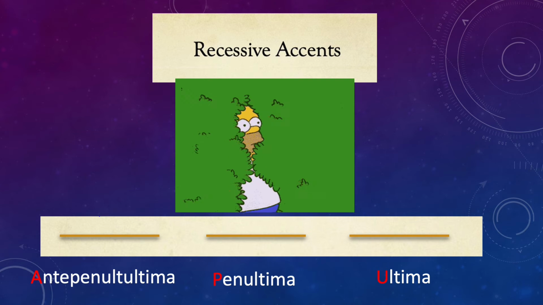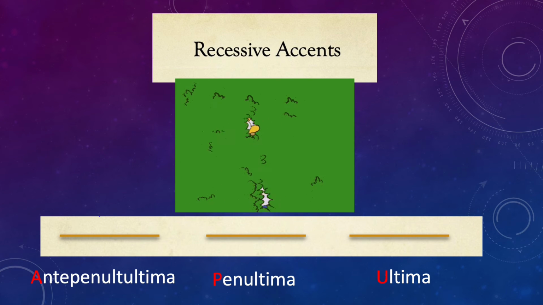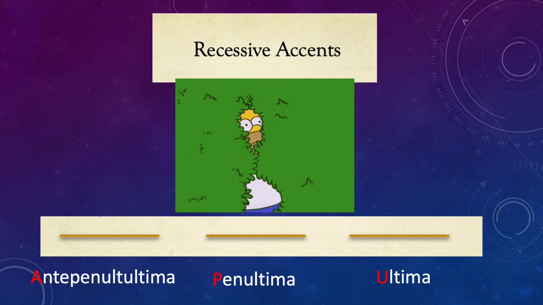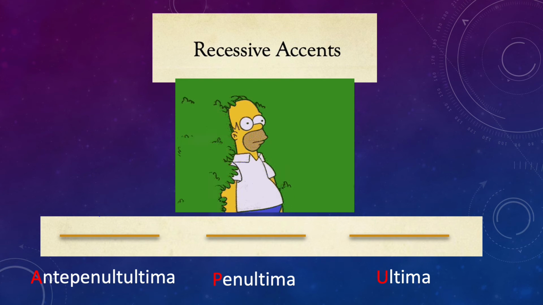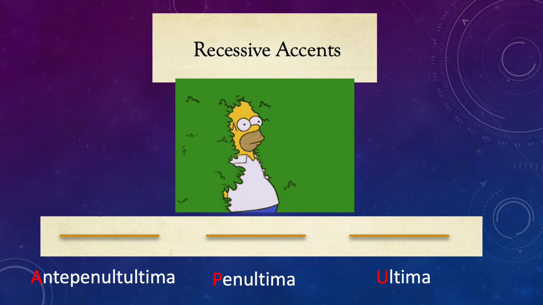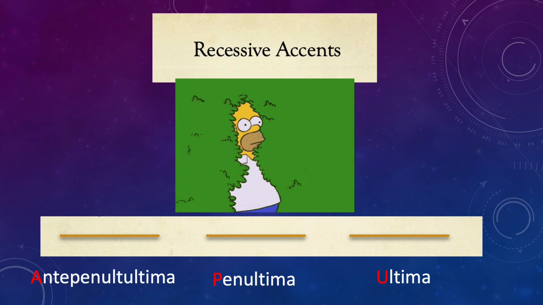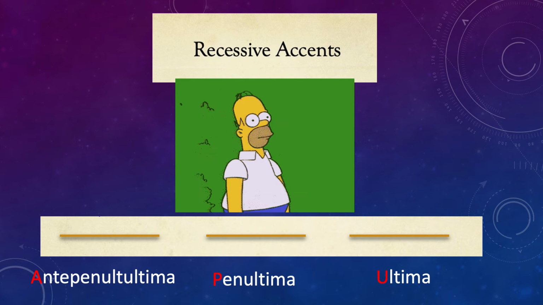And these are referred to as the ultima, the last, the penultima, the one before the last, and the antepenultima, the one before the penultima. But we can just refer to them by their initials, A, P, U.